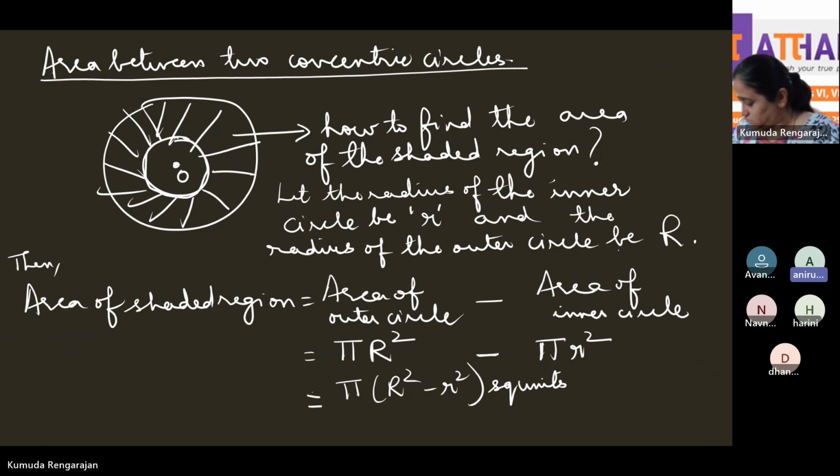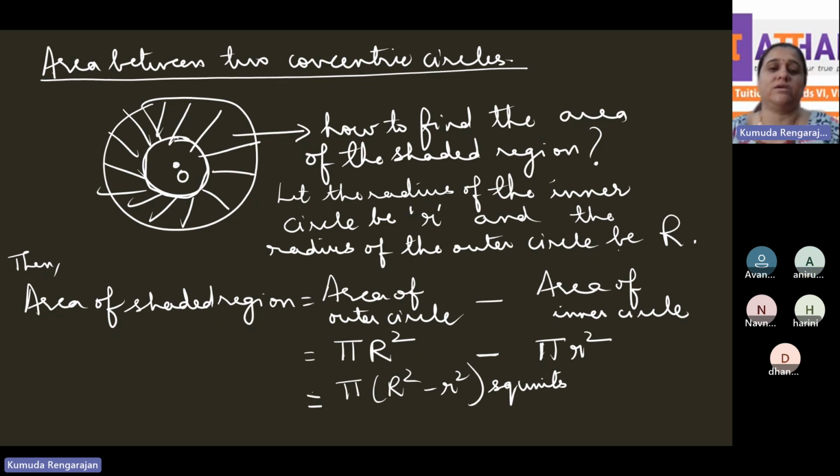Ma'am, what is the answer then? Only when numbers are given can you find the answer. This is just a formula. When we use this in a numerical situation, then you can find the answer. Like, what is the formula to find the area of a rectangle?